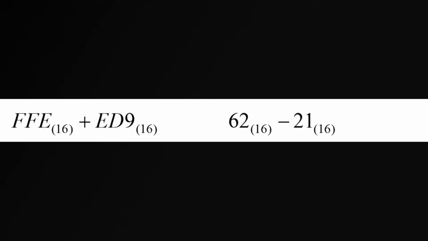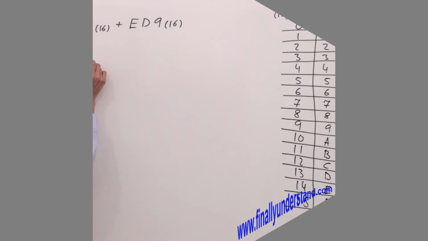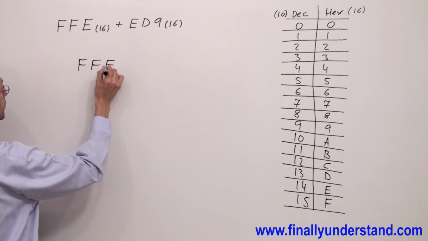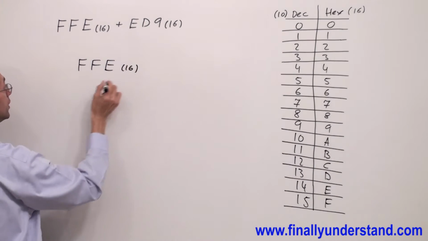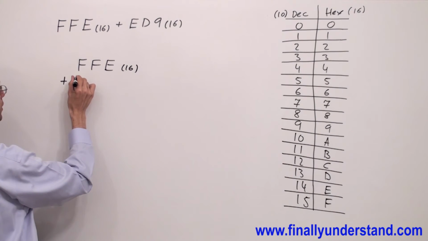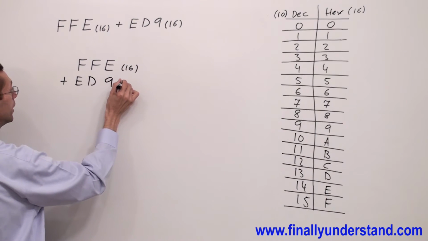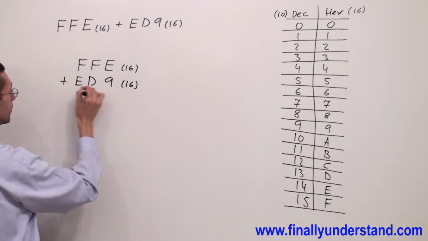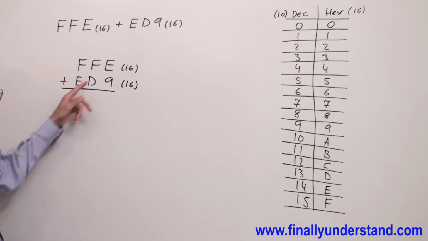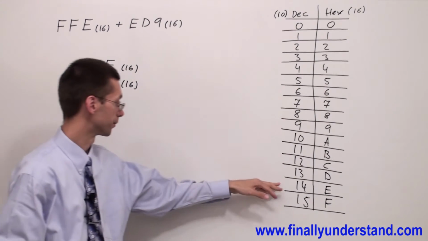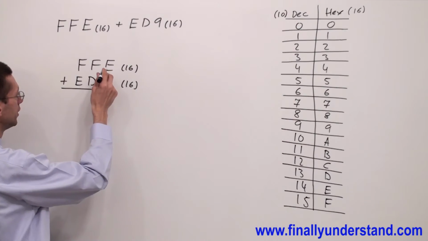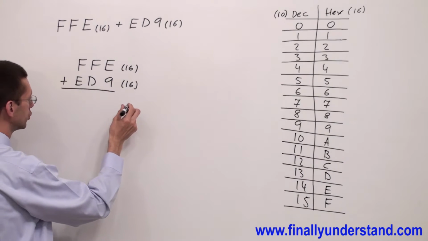We have another example on the board. This time we have F E base 16 plus E D 9 base 16. E is 14. 14 plus 9 is equal to 23.